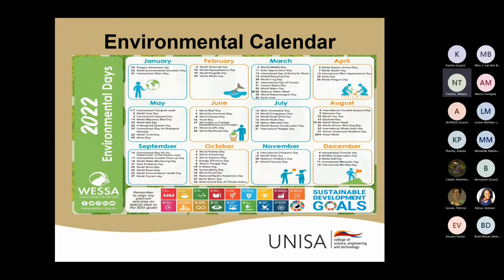Now I'm going to talk about the environmental calendar. The environmental calendar consists of days that are celebrated in all 12 months, and each month has its own specific day that we celebrate.